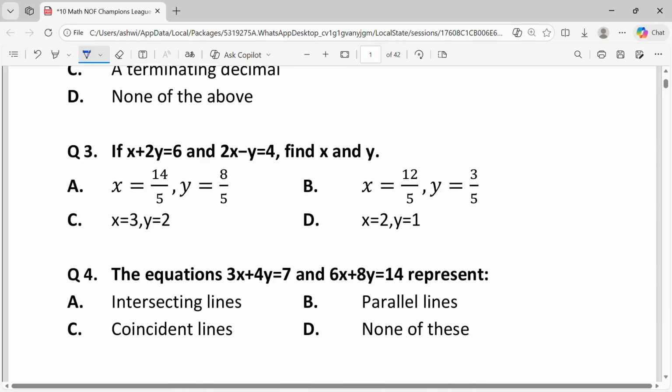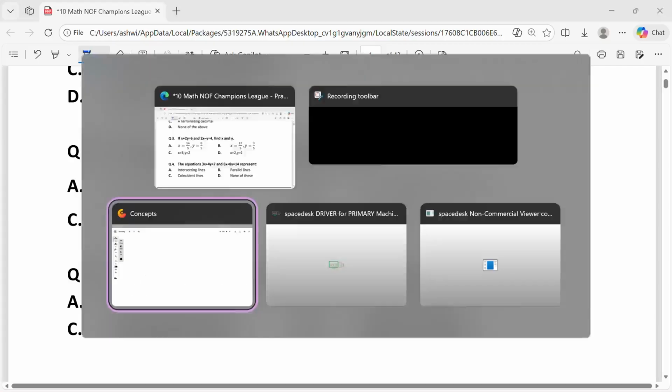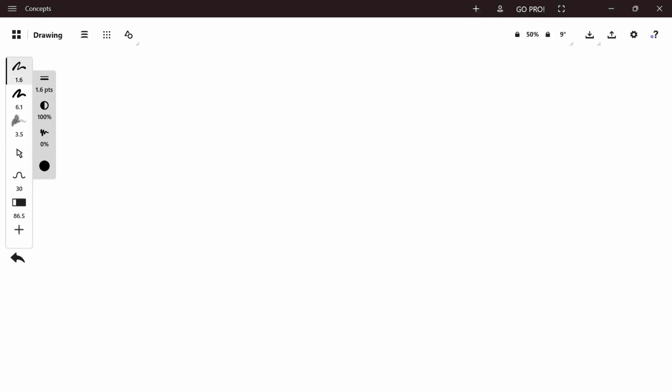Question 3. If x plus 2y is equal to 6 and 2x minus y is equal to 4, find x and y. Rearranging equation 1 to express x in terms of y, we have x is equal to 6 minus 2y.